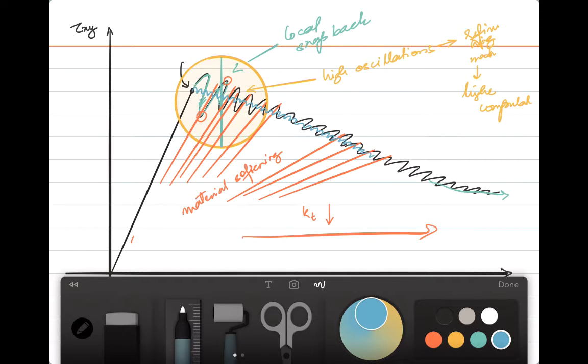The material softening nature will still be very clear because of the lower slope of the KT. And you would have very high computational steps required before you can get a converged result. The mesh refinement is obviously going to reduce the oscillatory behavior. So keep that in mind when you're working with cohesive zones.